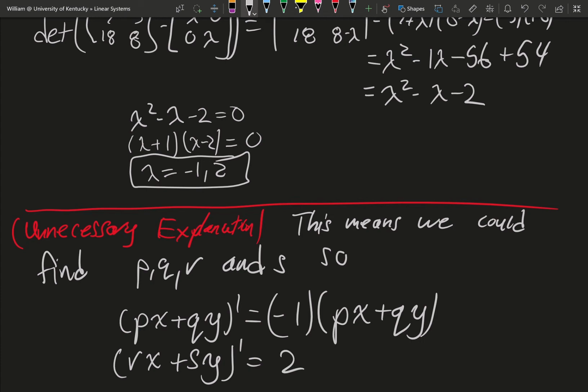And if I take rx plus sy, I would get 2 times what I started with.